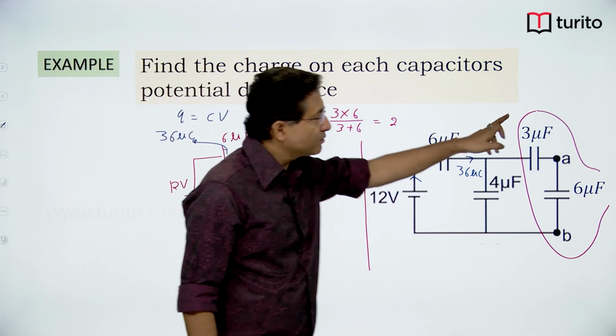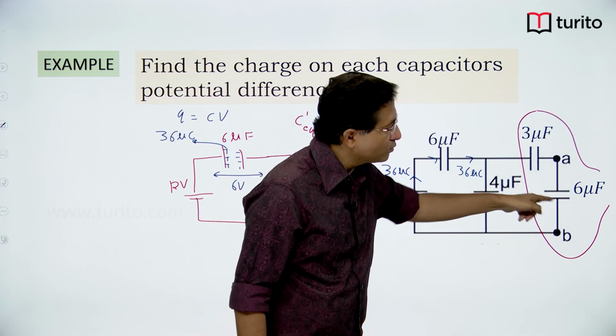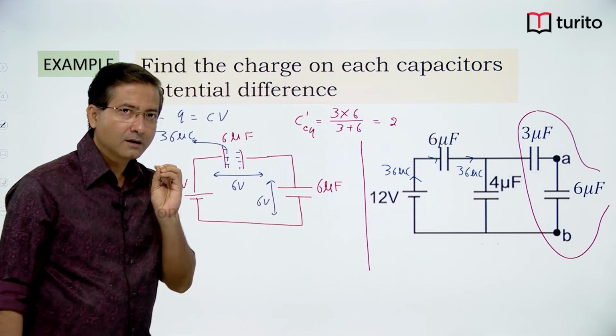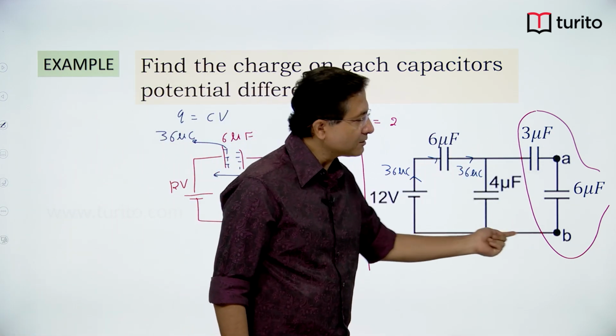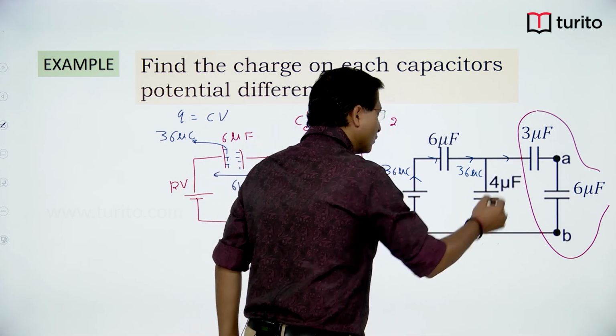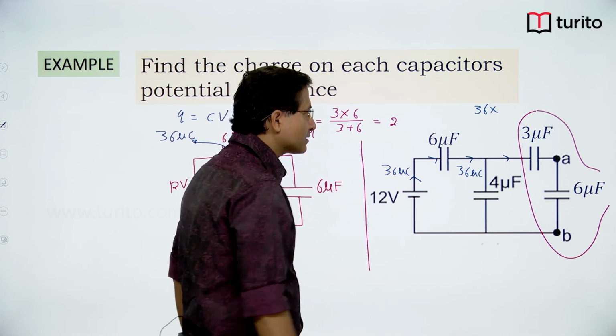Now here this part, this branch, you see this branch is having capacitance 2 and this is having 4, and we know that charge after division will be proportional to this capacitance. So what coming is 36, and that will be proportional to the capacitance.